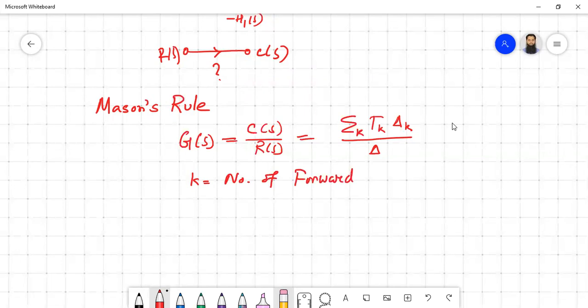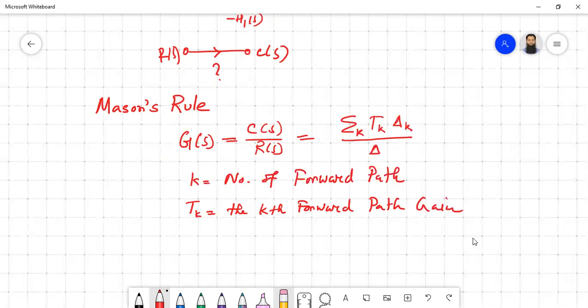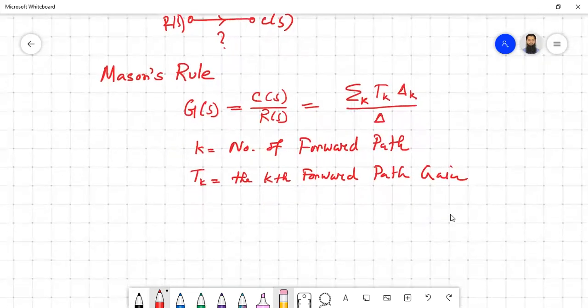TK is kth forward path gain. Okay, so what is del? Del is a bit complicated thing to understand.